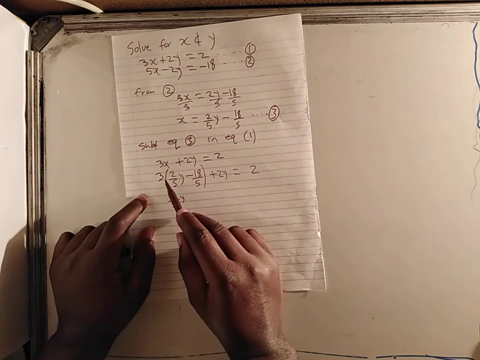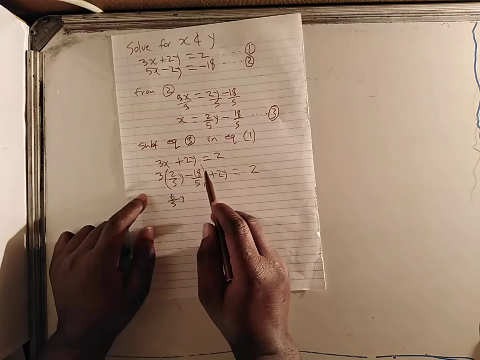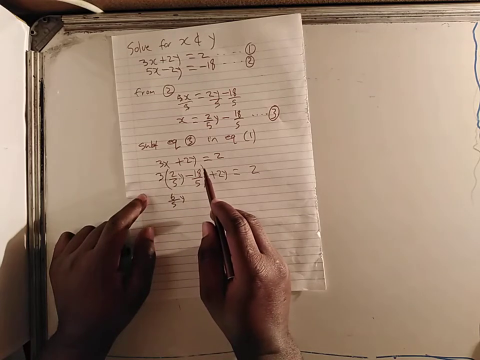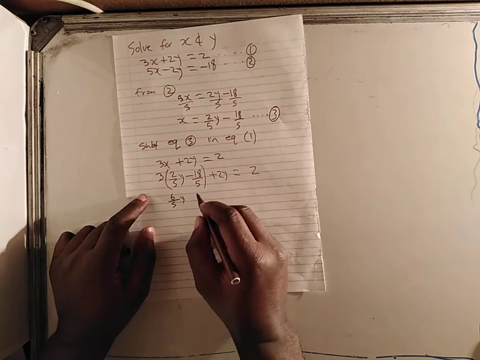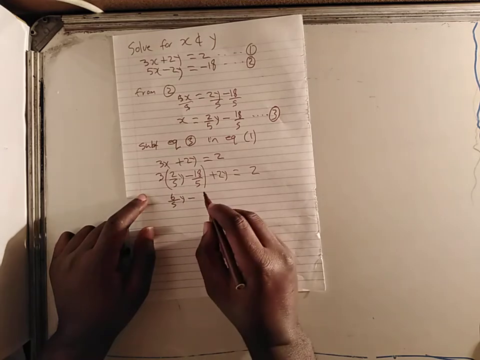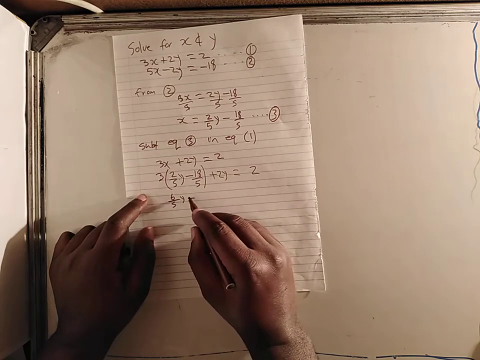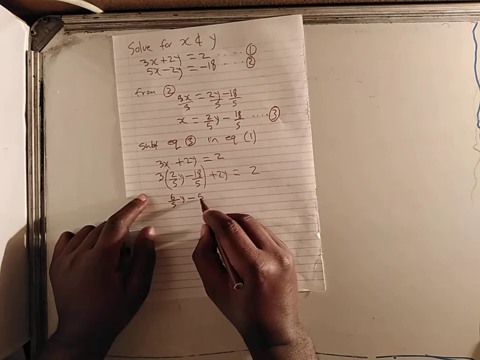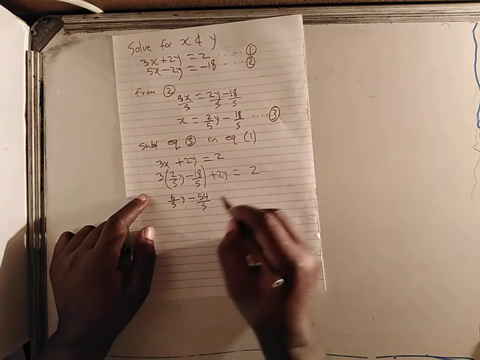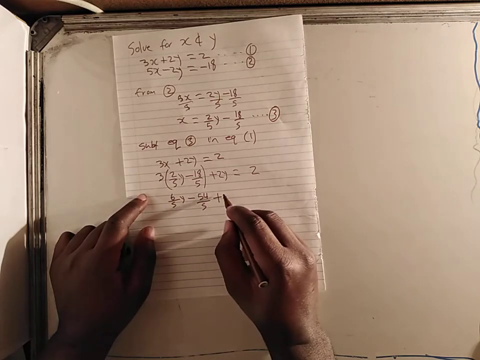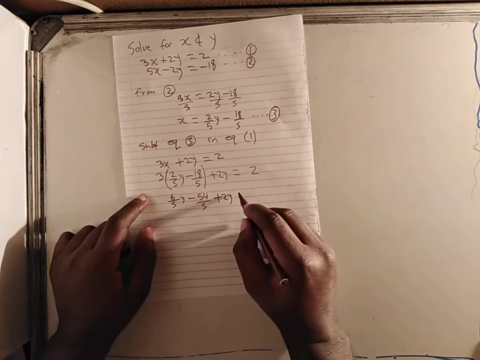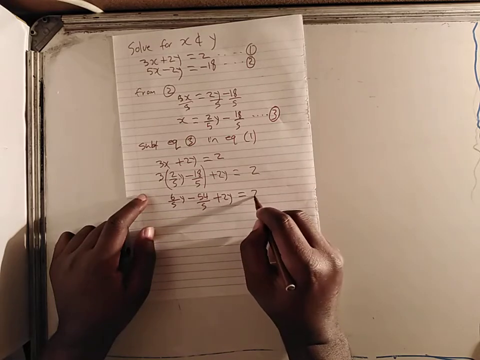So 20 times 3 is going to be 60, but then you had 3 2's, so you minus those 3 2's, and then you're going to get 54. I used to be smart when I was still young. I'm happy that I still am. So minus 54 over 5, and then plus 2y is equal to 2.